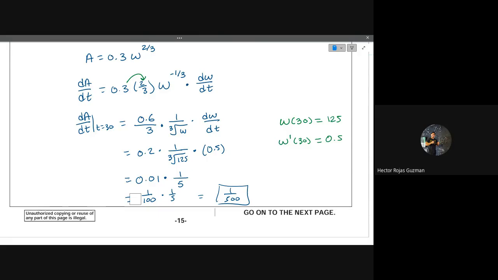Because if I go back and I just find this and leave it as 1 over 5, 1 over 5 times 0.5 is 0.1, and 0.2 times 0.1 is 0.02. That is not the same as 1 over 500, but this is the correct answer.